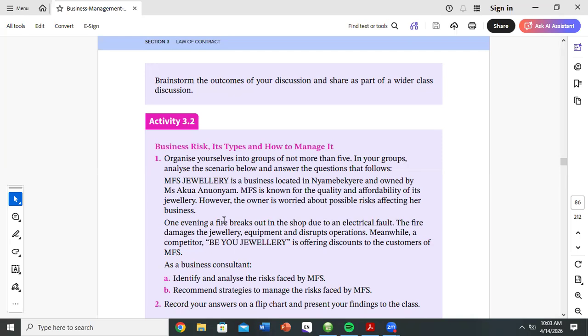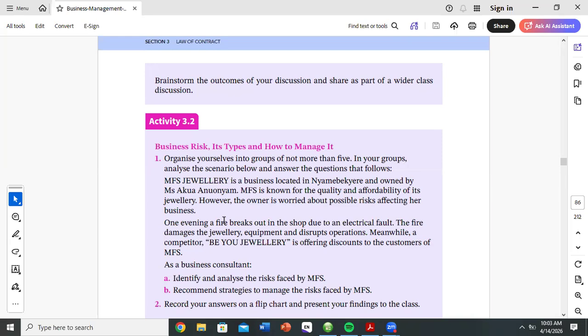Okay, so MFF Jewelry is a business. So this business is having some issues, right? We are being told that the owner is worried about possible risks affecting her business. And unfortunately, one evening, a fire breaks out in the shop due to an electrical fault.